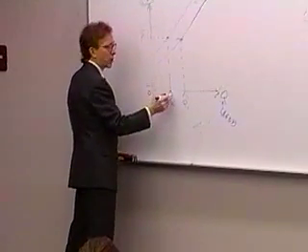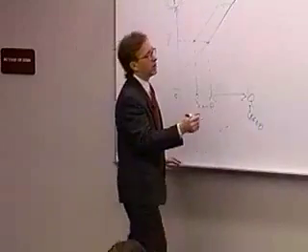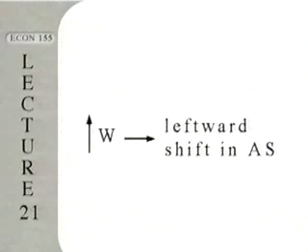So let's sell less. Anyway, an increase in the wage is a leftward shift in aggregate supply, and vice versa. If wages go down, there's a rightward shift. Okay, questions about this?